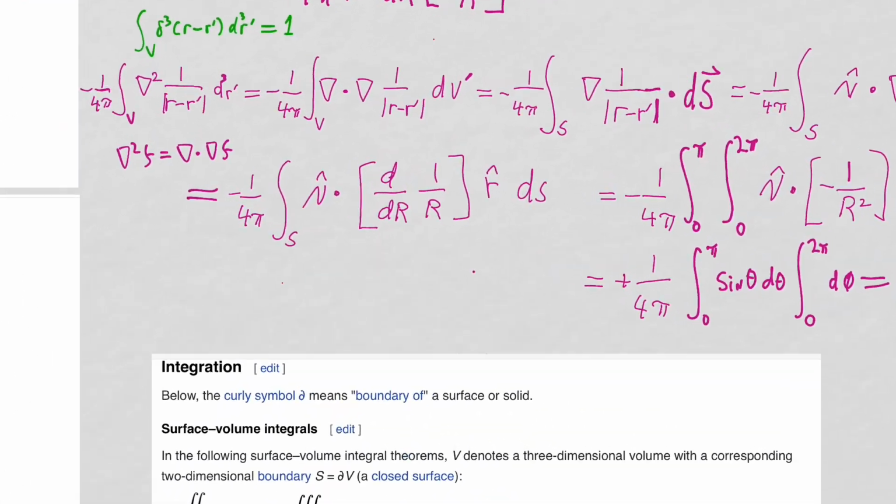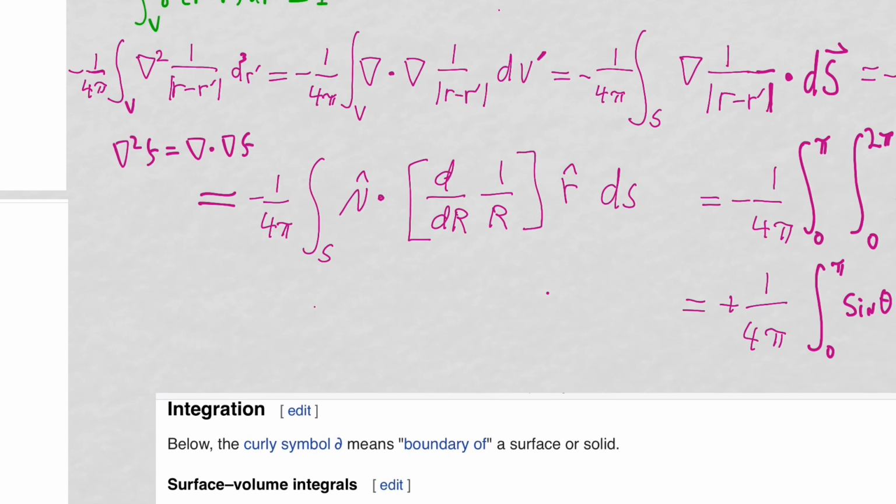Now I replace the gradient with d by dr of 1 over r, because I know in spherical polar coordinates, the radial part of the gradient is just the derivative with respect to r. So the gradient of f in spherical polar coordinates is the partial of f with respect to r, hat, plus a longitudinal angular part and an azimuthal angle part.